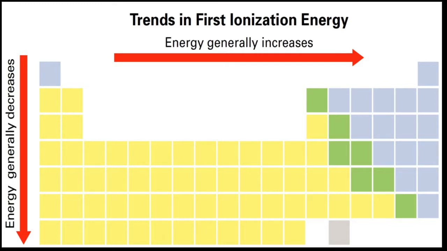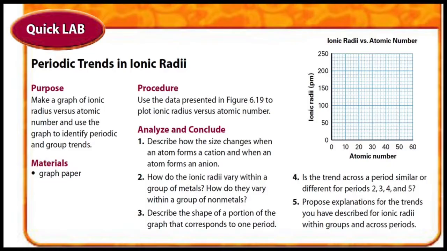The first ionization energy tends to decrease as you go down a column or a family and increase as you go across, with two very notable exceptions for the S and P elements. For the transition elements, it's very flat, except when you get to zinc and cadmium.